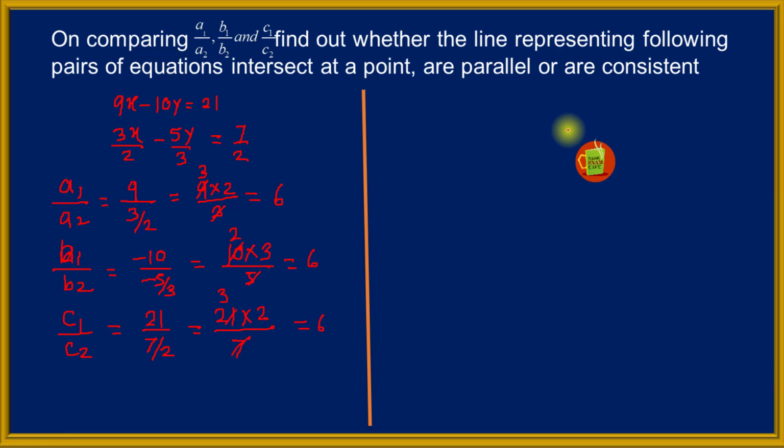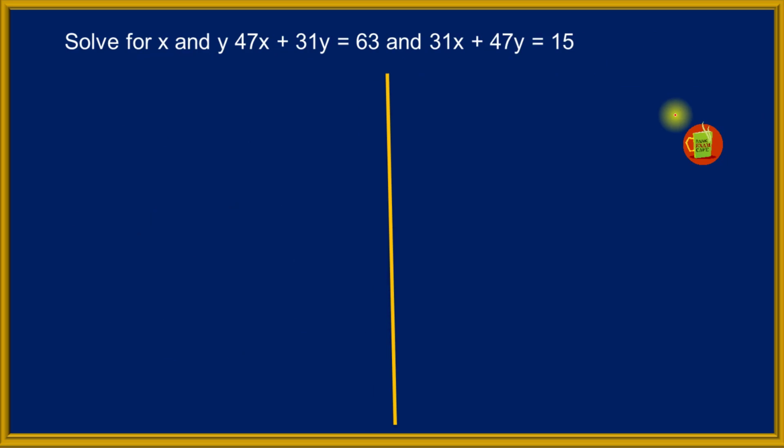And friends, since the lines are coincident, it has infinitely many solutions and therefore the nature will be consistent. Here they may ask whether it is coincident lines or what, that can also be asked. So we must know all the three things, that nature is consistent, the lines are coincident, and therefore it has infinitely many solutions. Now let us move to the next question.